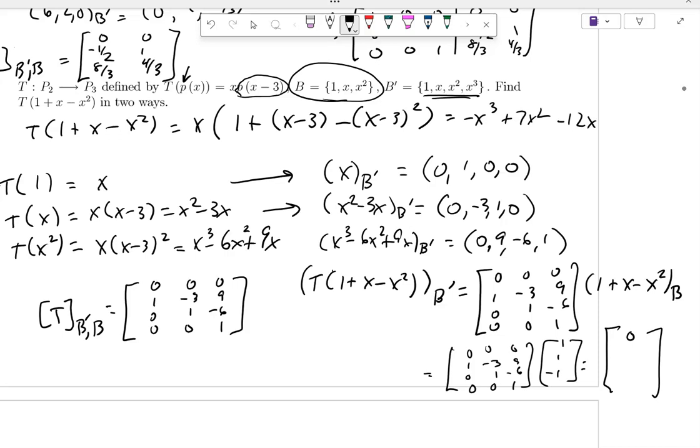Yeah, and 11 is not the right answer. So what did I do wrong here? I think there was a mistake in this first part. If you get negative 3, you get a plus 1x, a negative 3x, and then a negative 9x. So it should be negative 11.